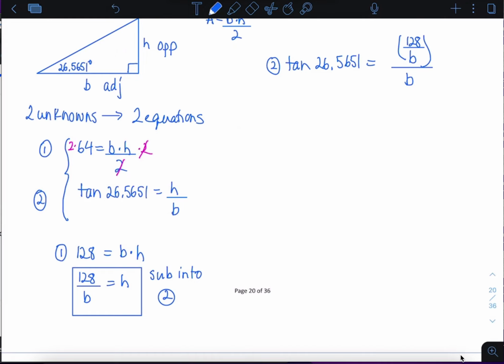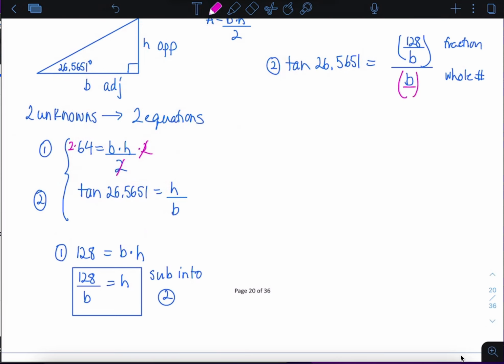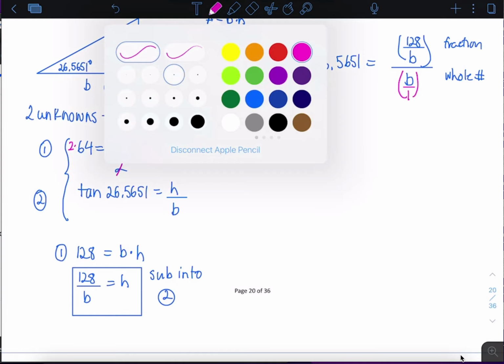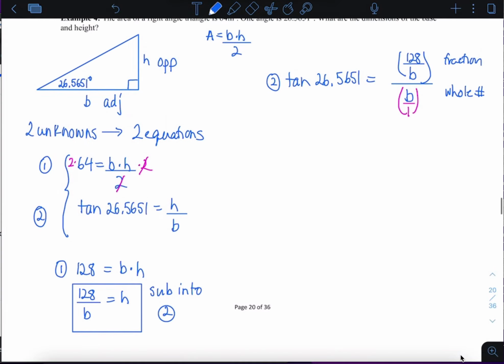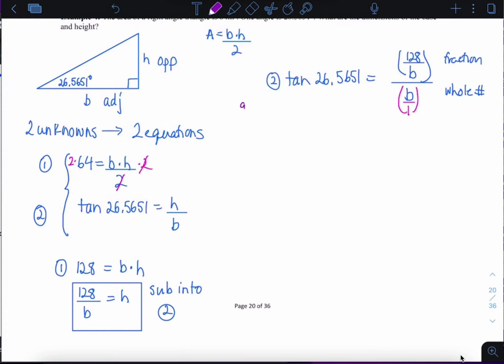Now, if you remember, when I have a fraction divided by a whole number, one of the tricks I can do is write the whole number as a fraction and remind myself that the division rule of fractions is if I have a over b divided by c over d, that's the same as a over b times d over c.